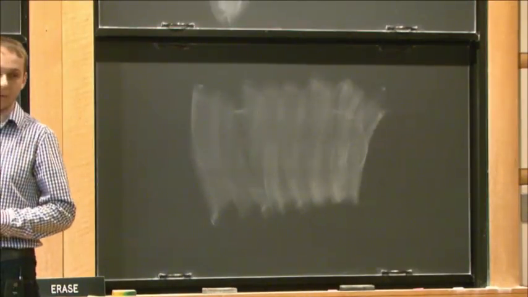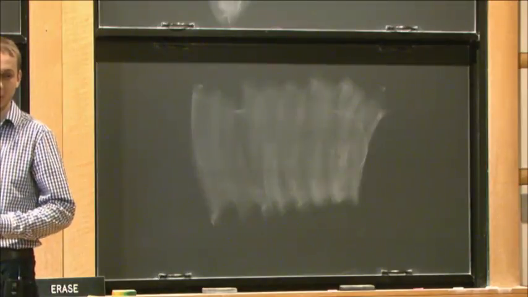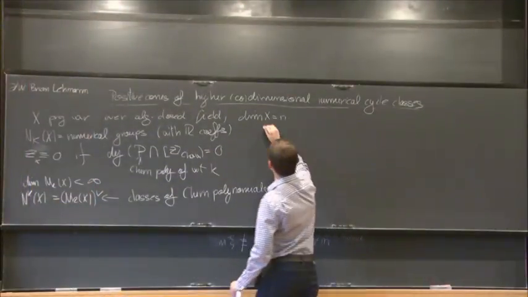So the usual definition of numerical equivalence is you intersect with cycles of complementary dimension. So let's put this.